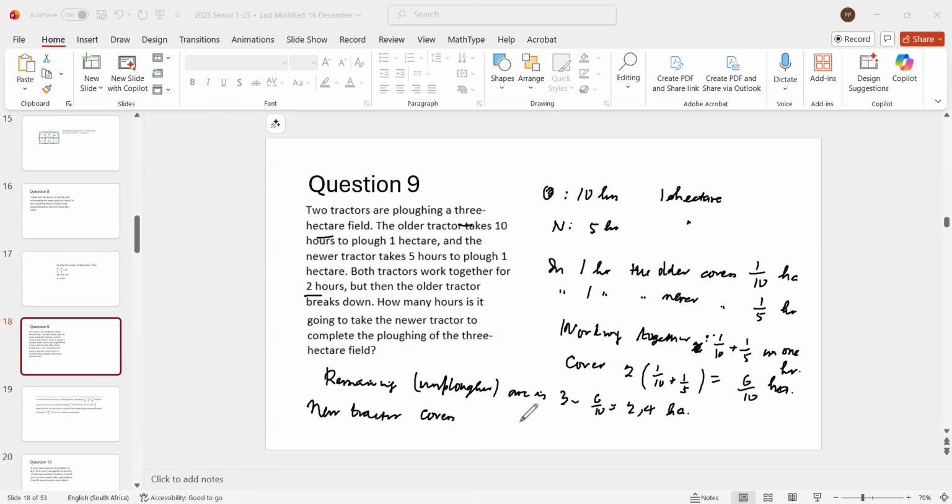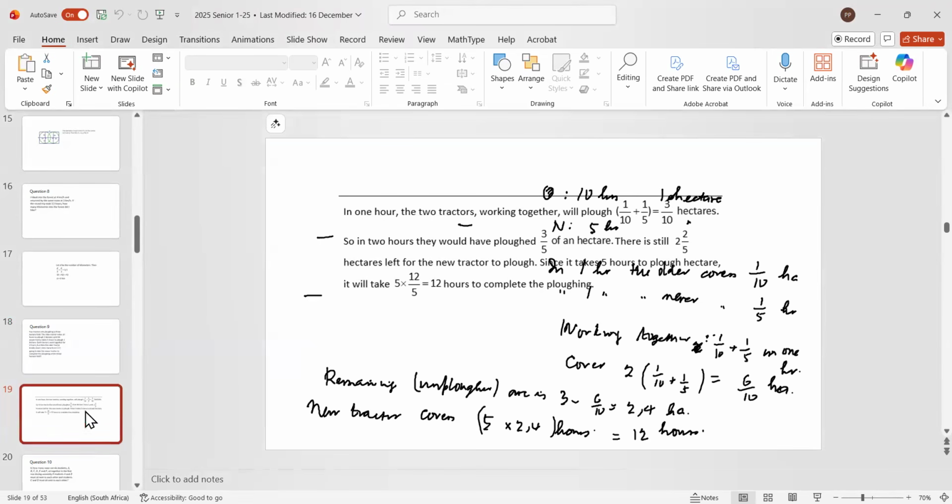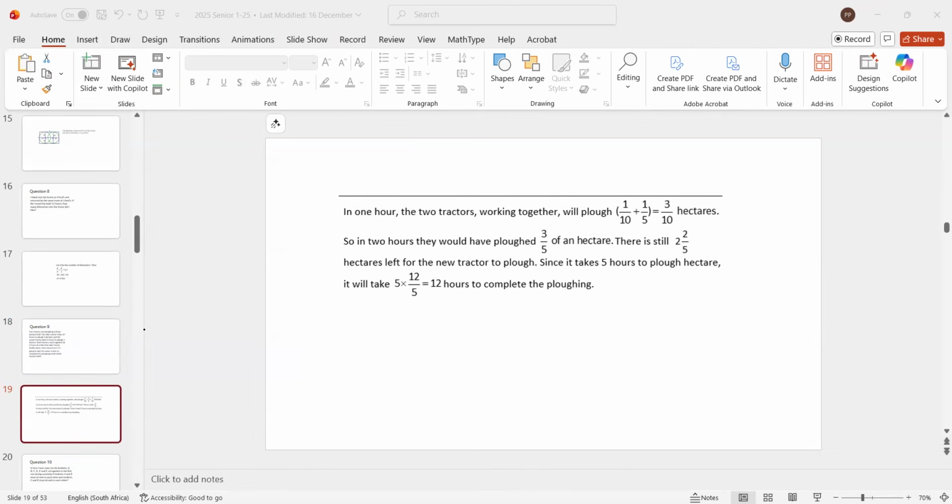You have to cover 2.4, so it's 5 times 2.4 hours, and that is 12. So this is the answer to question 9. Check. Right, you can see the answer is 12.